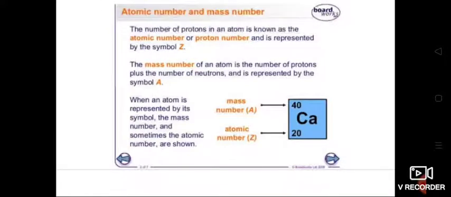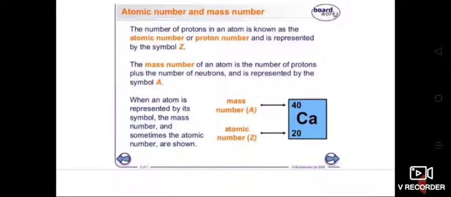What do you mean by atomic number? The number of protons in an atom is known as the atomic number. So the number of protons determines the atomic number. Mass number of an atom is the number of protons plus the number of neutrons present in the nucleus.